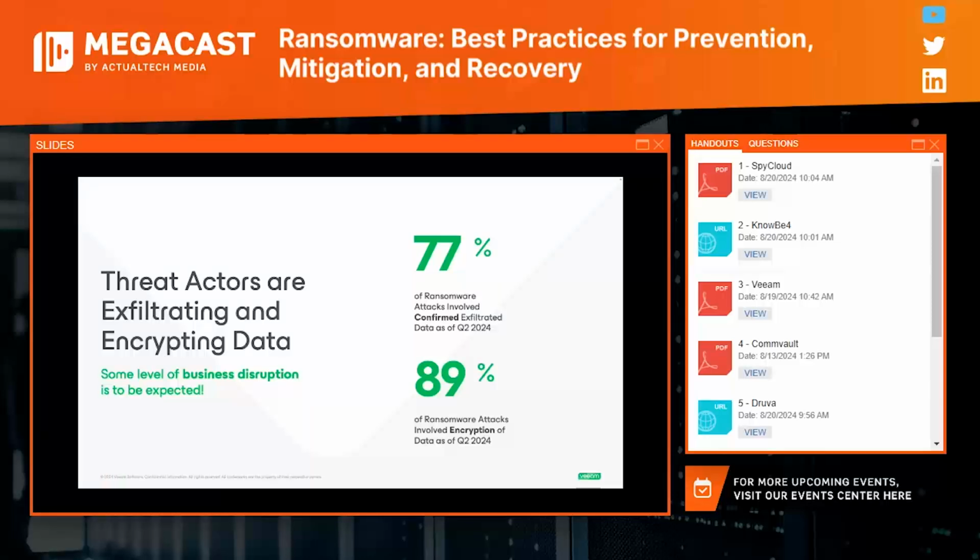Sometimes they threaten it but actually haven't done it, or they try to live off the land and just steal some data from tools like Salesforce or something like that. But if we can confirm signs of data staging, connections, movement of data to the dark web, then we know it's a confirmed exfiltration attack, and then 89% involve encryption of data.